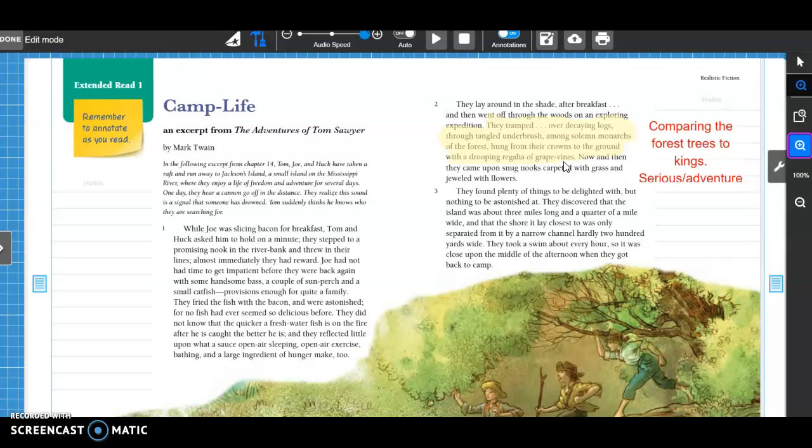So make sure you got that down. They're comparing the forest trees to the kings, and the mood is that it's pretty serious, but they're getting ready to go for an adventure. They're being adventurous too. So that bottom part, serious and adventure, that's our mood. Okay, so go ahead and make sure you copy that down.